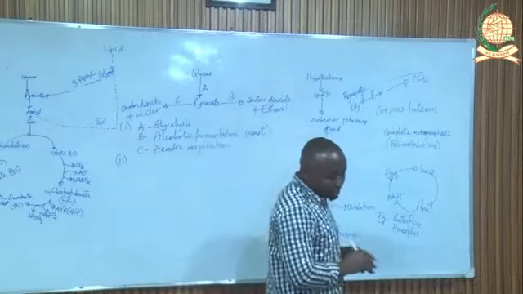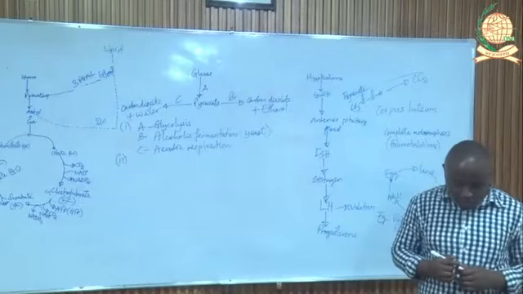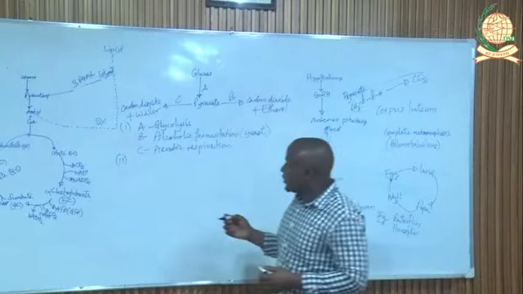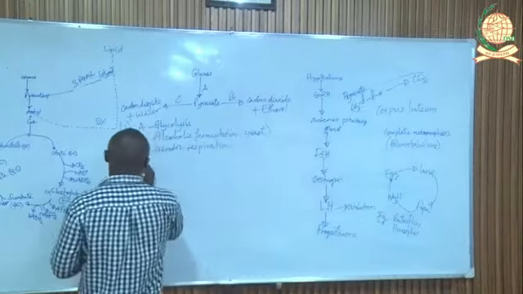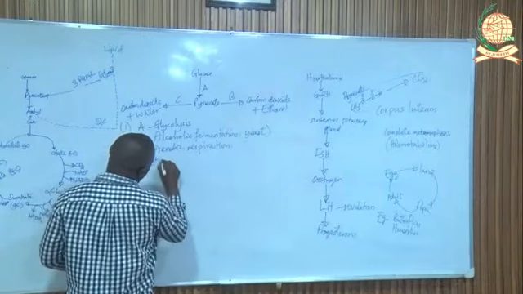C Roman 2. State the specific site where each of the 3 metabolic processes occur. A, glycolysis, takes place in the cytoplasm of the cell.